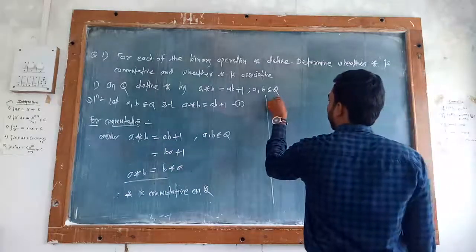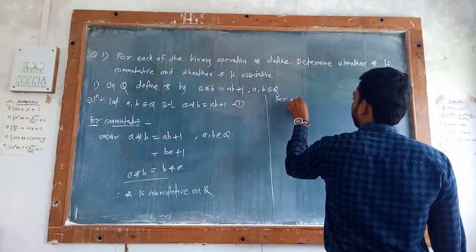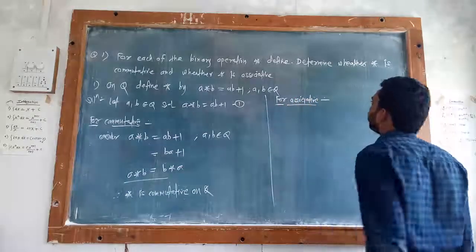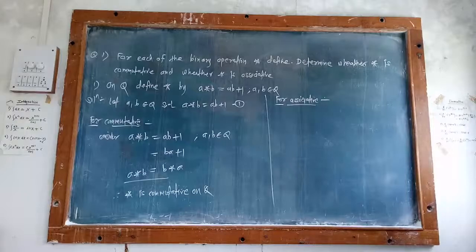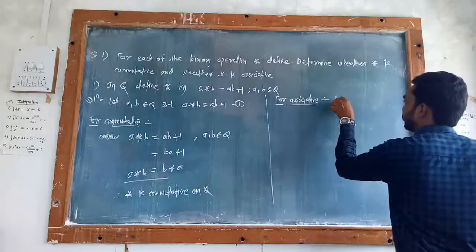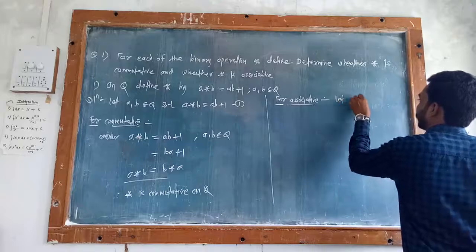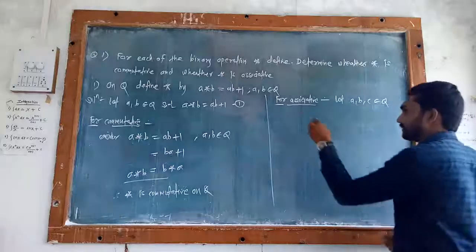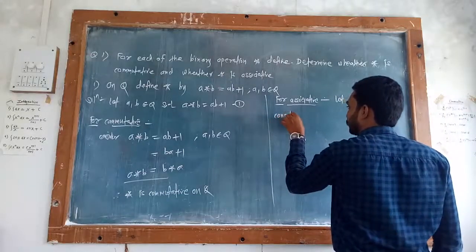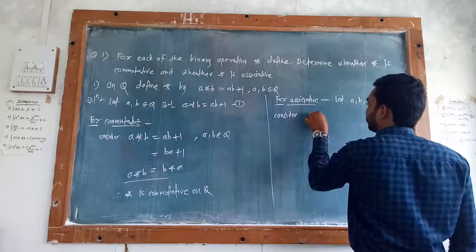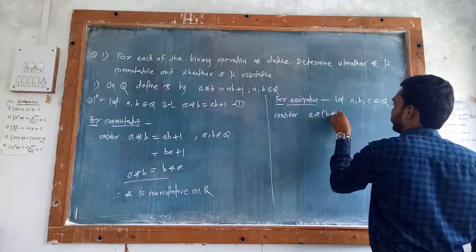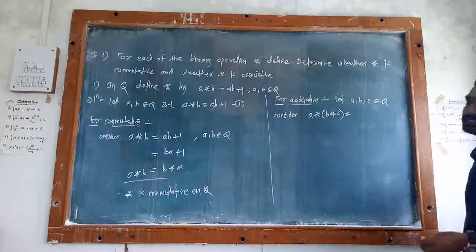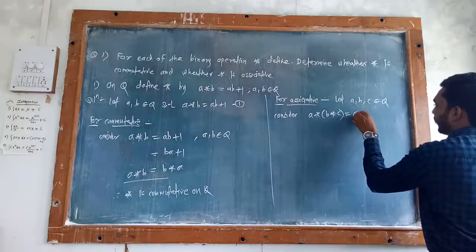So second, for associative. Okay, the second property: we have to determine whether star is associative. So let A, B, C, all these three, be rational numbers. For associativity we consider A star inside bracket B star C. Your A stays as it is, and star stays as it is.